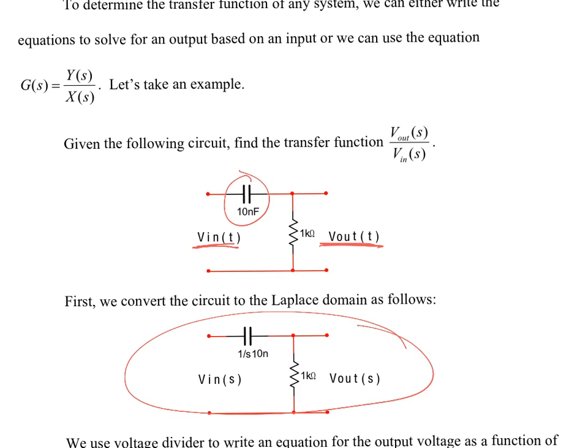Now, is there an easy way to solve for V out as a function of V in to get the transfer function? Is there any circuit tool that you've used in the past that efficiently will calculate what V out is given V in? Anything look familiar? I have a voltage across two elements which are in series with each other. Voltage divider, very good. So if I can use voltage divider, I can solve for V out over V in.